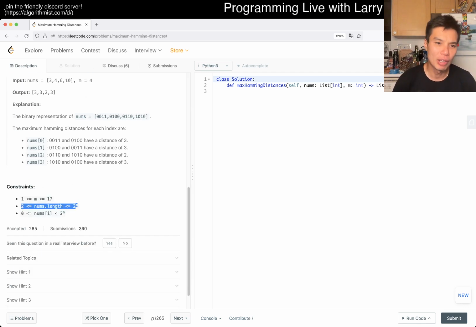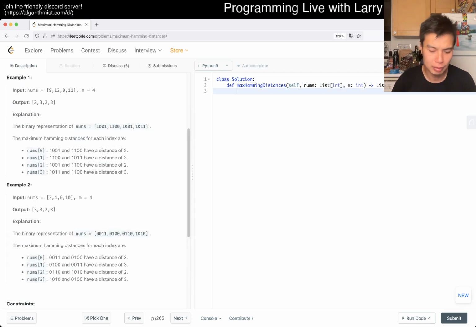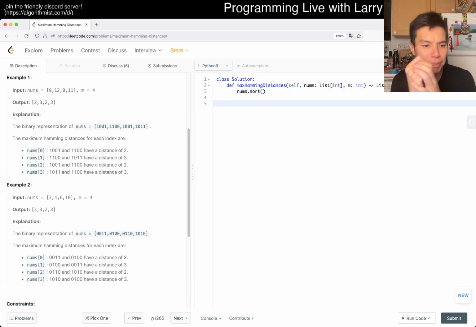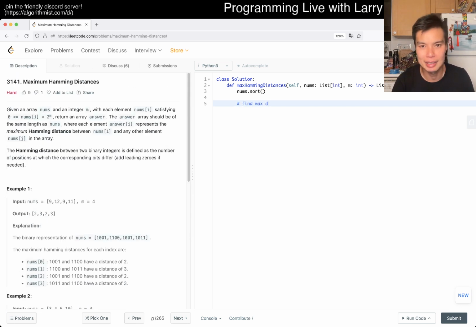I think the first thing I want to do is sorting, but I don't know that it gives me anything, so maybe I'll just write it out. Why not? Something that is least similar. There are a couple of ways to think about this, right? I'm going to write notes on the screen so you can see my thoughts a little bit. I don't know the answer yet, but basically we're trying to find the max Hamming distance, I'll just call it h distance, which is also similar to min same characters, right?